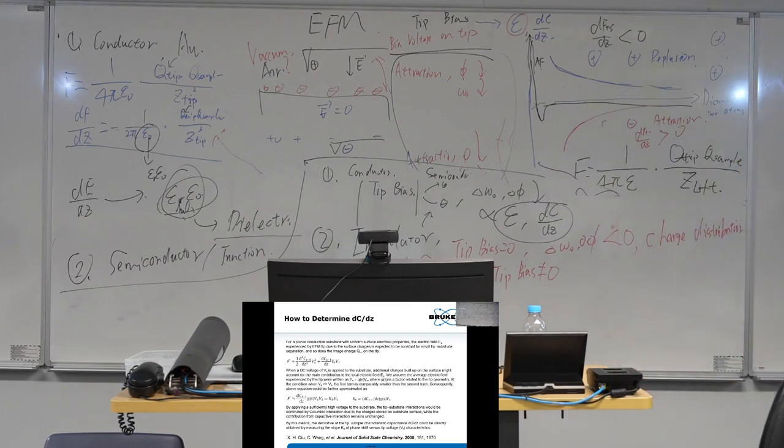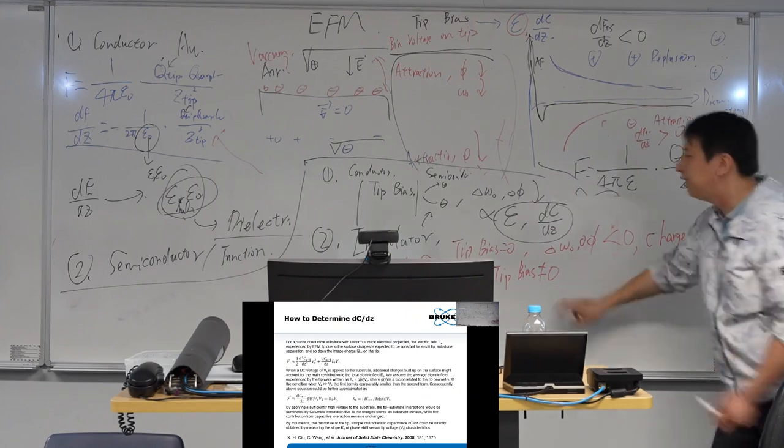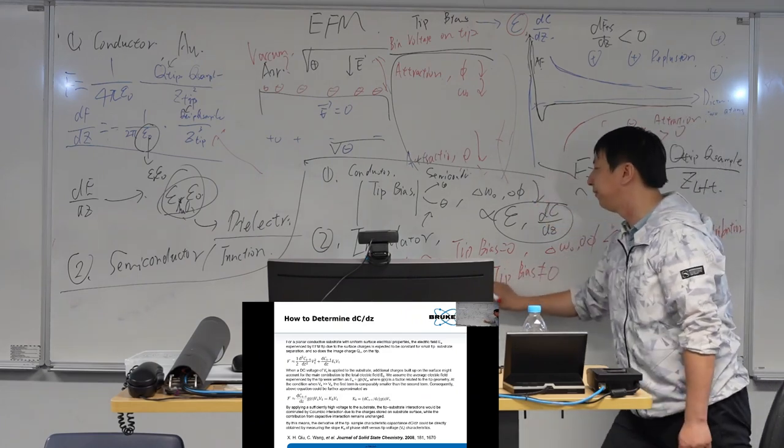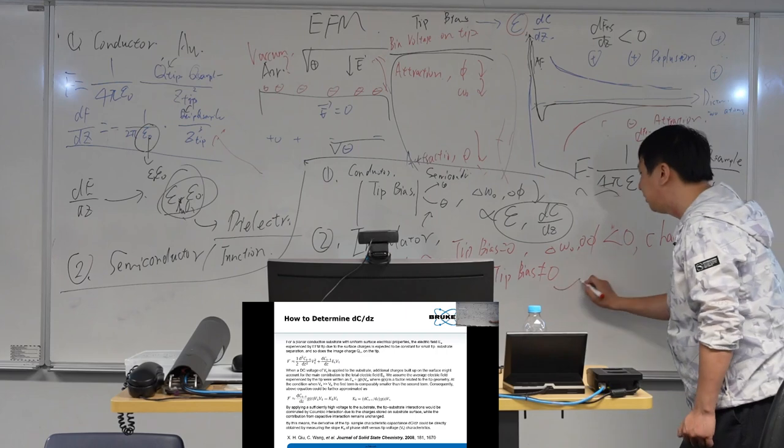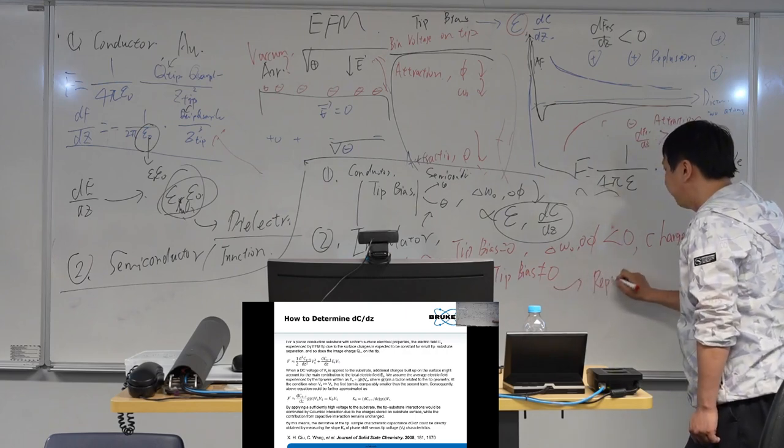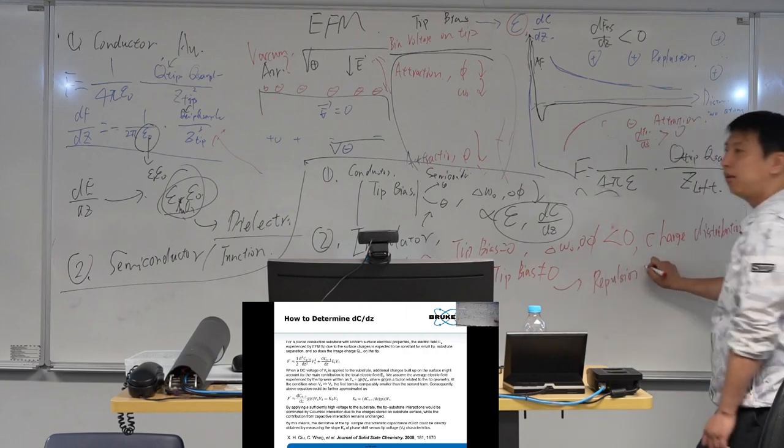It will have the first term, the polarization, and the second term. The second term is due to the tip bias and the charge. Right? And at this time, finally, you may get repulsion or attraction.